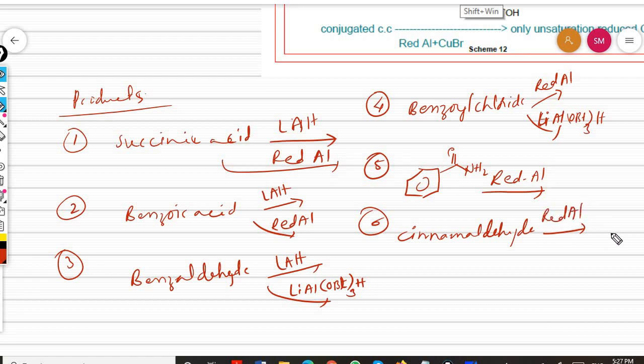Next, benzonitrile with lithium aluminum hydride as well as triethoxy aluminum hydride.